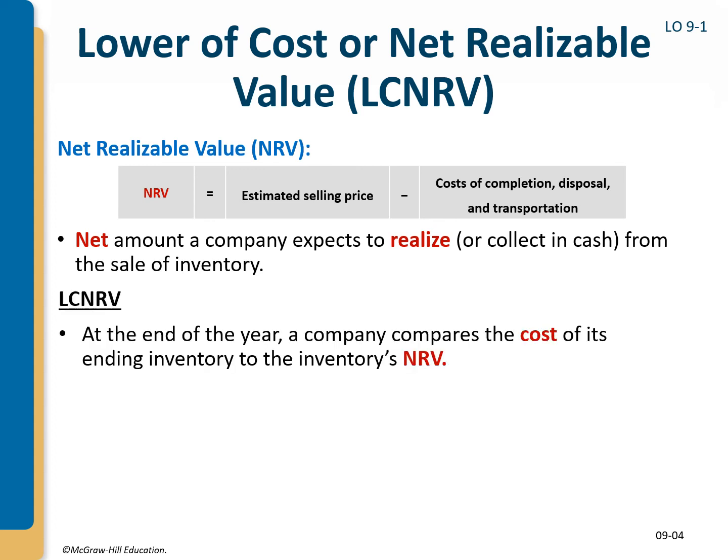At the end of the year, a company compares the cost of its ending inventory. So how much did the item cost? How much is its net realizable value? That being the calculation.